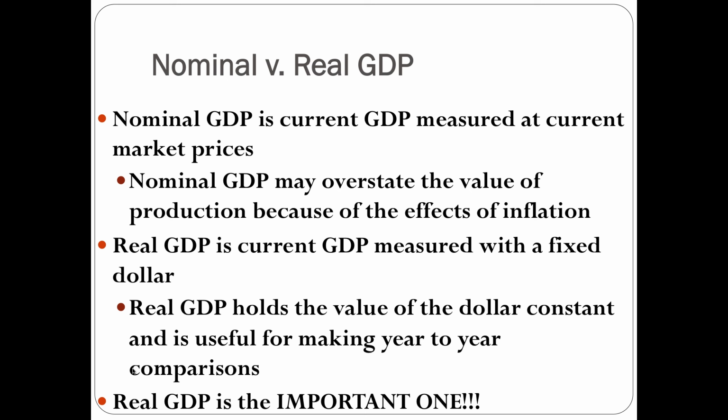Let me give you an example in terms of movies to show you the importance of looking at real numbers. Gone with the Wind was a movie that was made in 1939, and it made somewhere around $200 million in 1939. Now that $200 million is a nominal number. It is unadjusted.